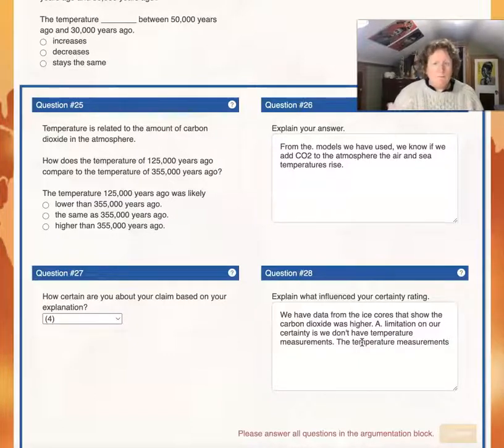And an inference is you take what evidence you have and then you come to a conclusion. And since we have really good evidence from the ice cores, we can come to a fairly solid conclusion, but it's not perfect. We weren't there.